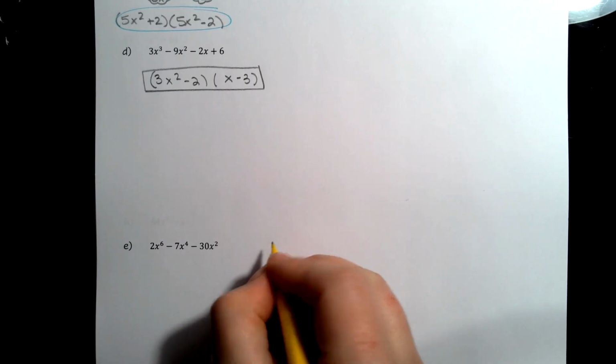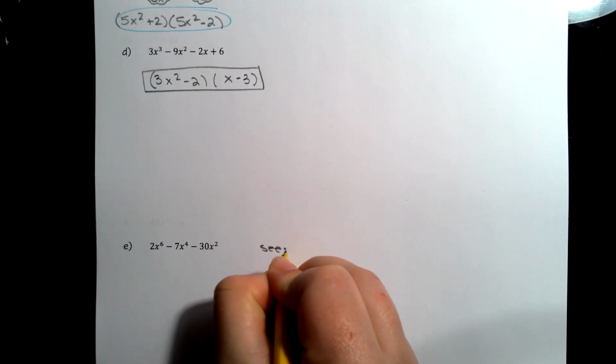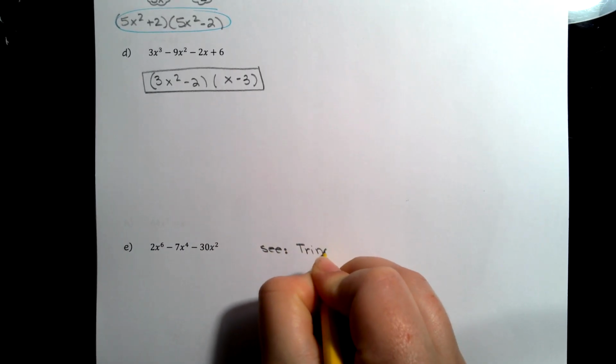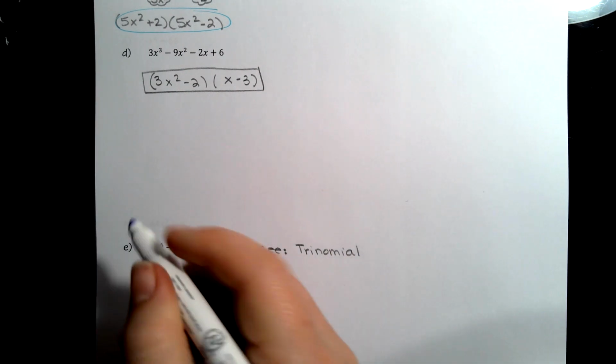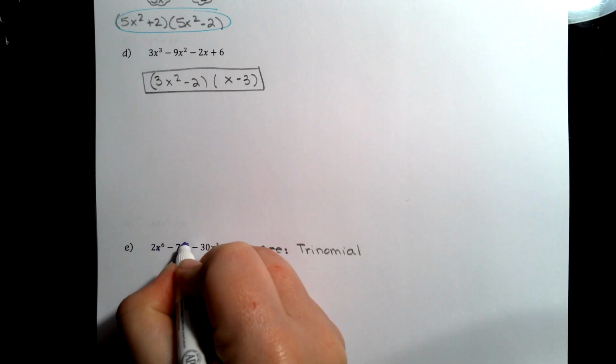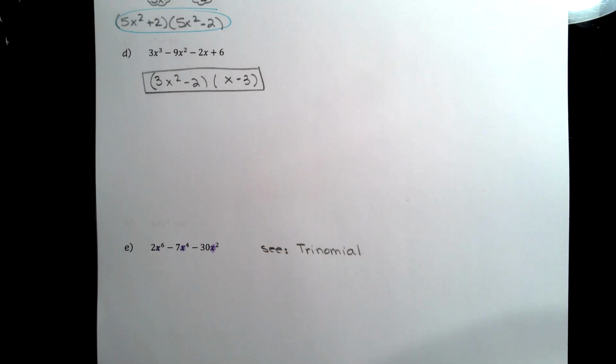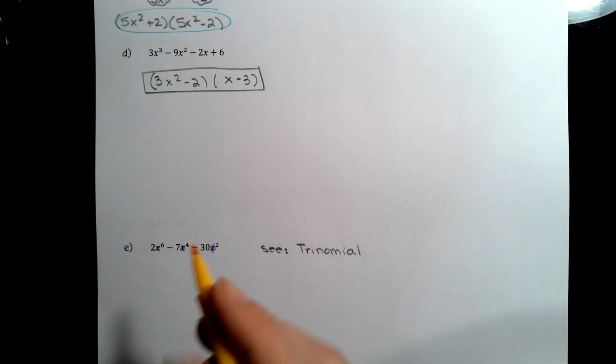Moving on here, I see a trinomial. And immediately catching my attention, I see an x, and I see an x. So that means, yes, I can remove out a GCF of x, and specifically an x squared, because that's the smallest amount.